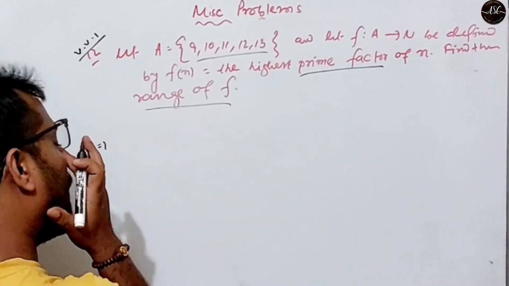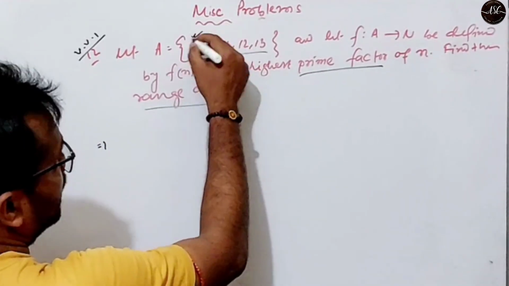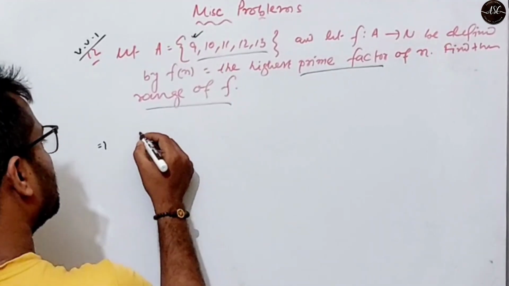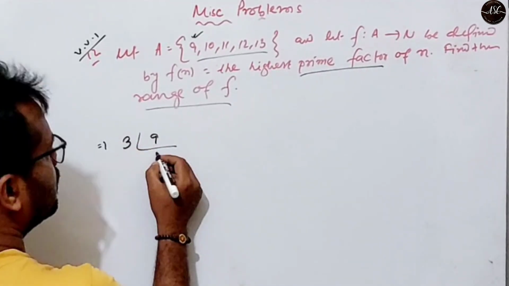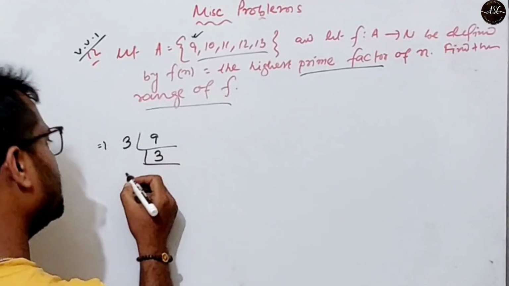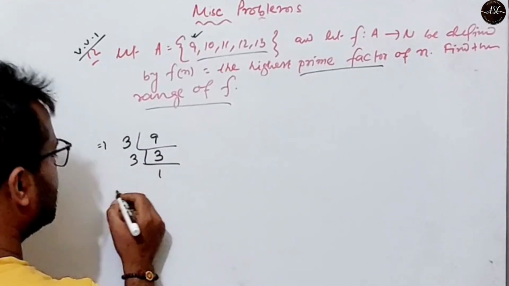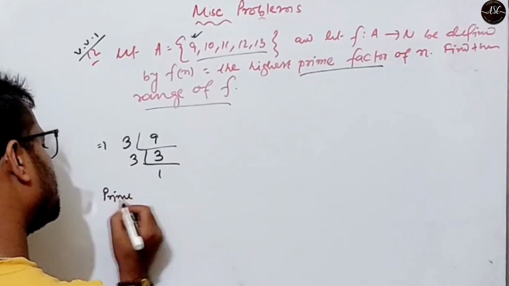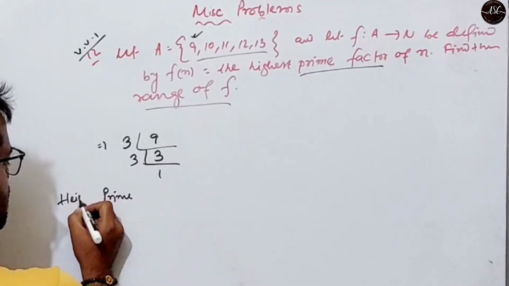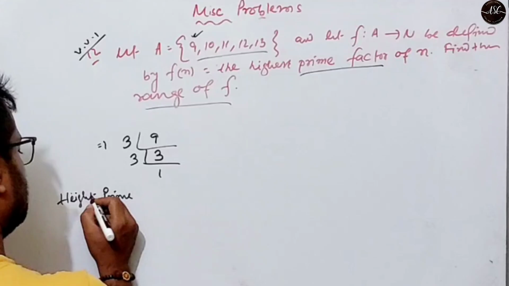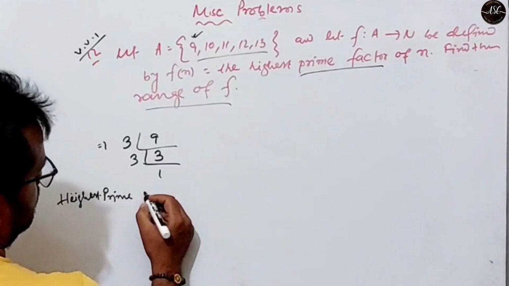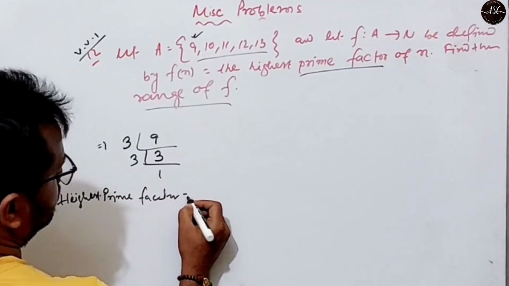Now we first factor these elements. If we factor 9, 3 times 3 equals 9 and 3 times 1, so the highest prime factor is 3.